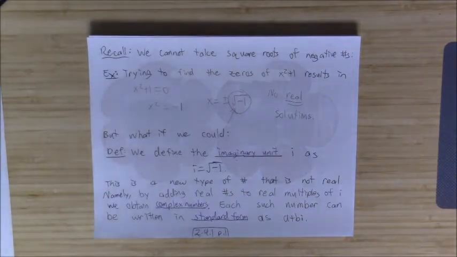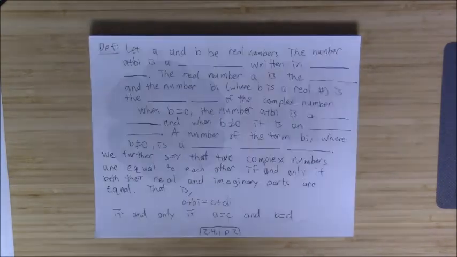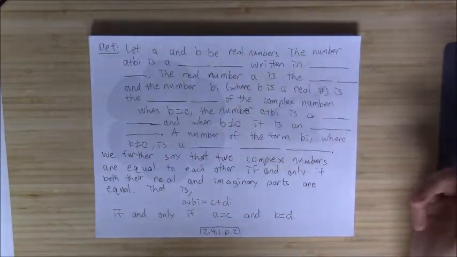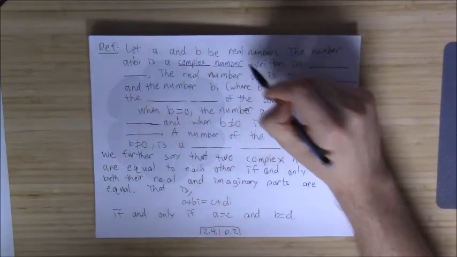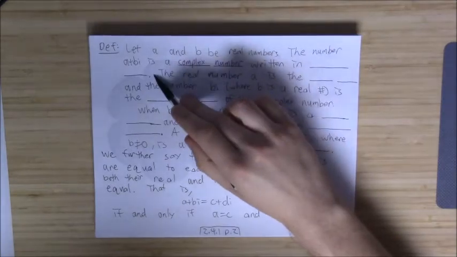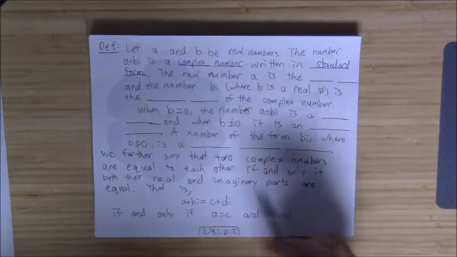Okay? So going a little further into this, let a and b be real numbers. Then the number a plus bi is a complex number written in standard form, as we saw in the last slide.